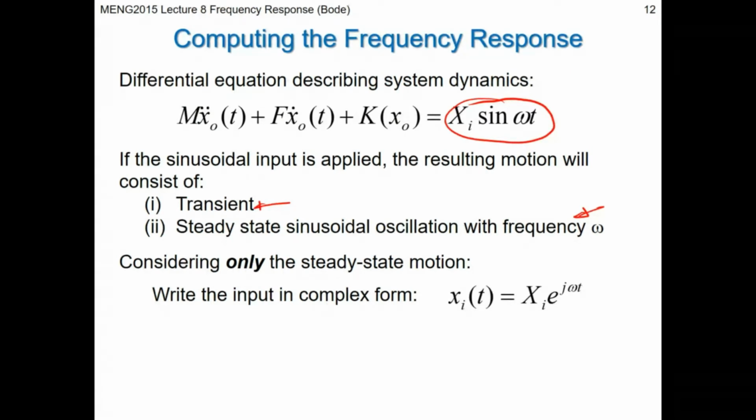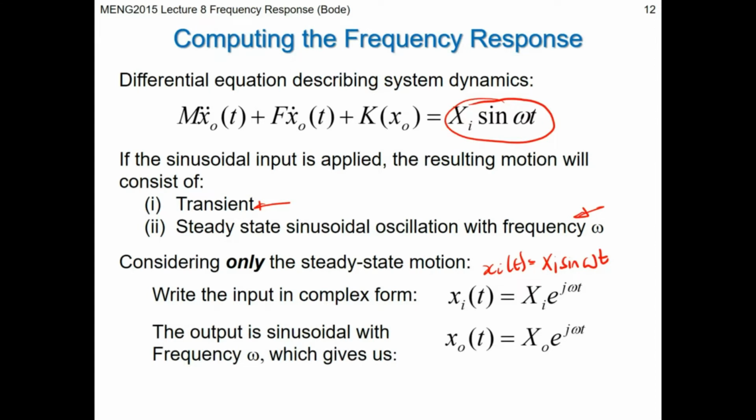So we're going to write our input in the complex form. We said before xi of t equals xi sine omega t, but now we're expressing it in our exponential form, xi e to j omega t.